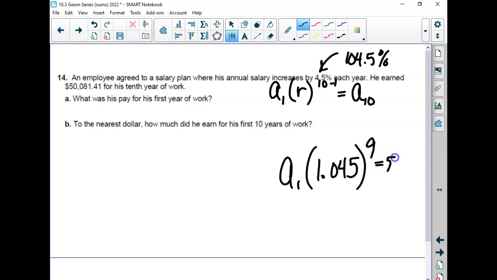And that's when it became this 50,081.41 that I can't squeeze in there. So what are we going to do? Yeah, so we're just going to get rid of this multiplication of this disgusting thing by dividing it, right?